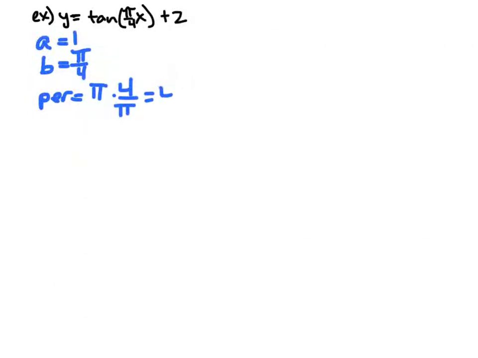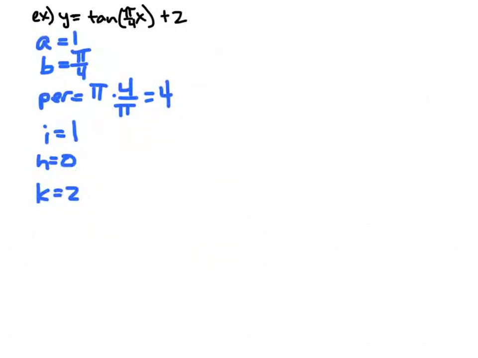So the period is 4. Divide that by 4 to get my increment. Well, my increment is going to be 1. We have an h of 0, and the k is 2.